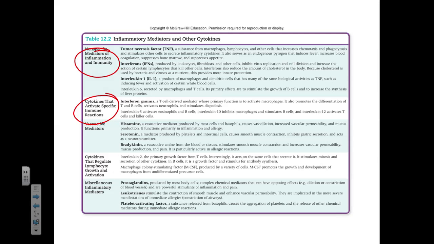We have cytokines that can initiate inflammation. We have cytokines that activate immune reactions. We have cytokines that are going to be vasoactive. They initiate vasodilation. Or we can have cytokines that cause lymphocyte development. And then our miscellaneous categories as well. So focus on the category headings, not on the specific kinds of cytokines.